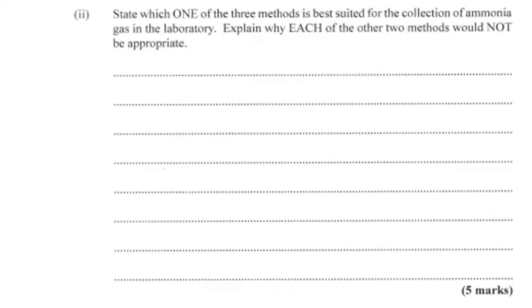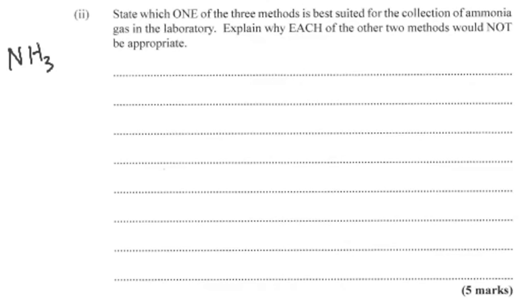Okay, part 2. State which one of the three methods is best suited for the collection of ammonia gas in the lab. Let's look at ammonia. We have the upward delivery, the downward delivery, and the displacement of water.